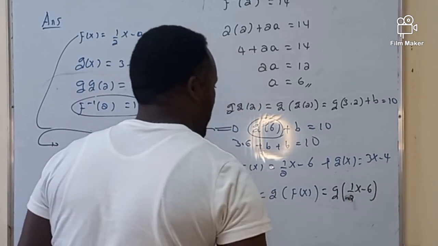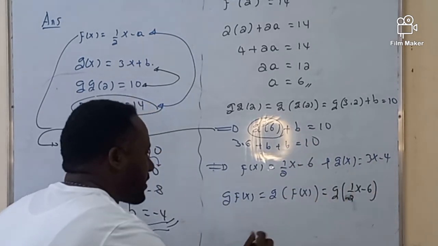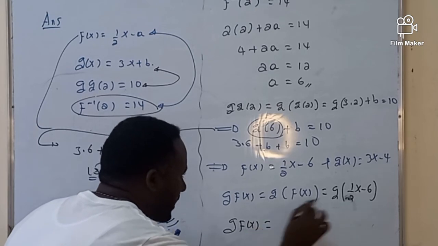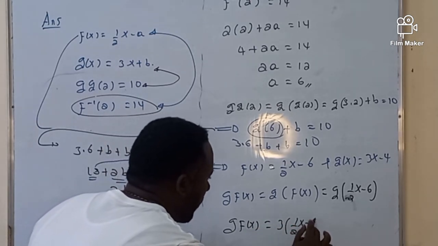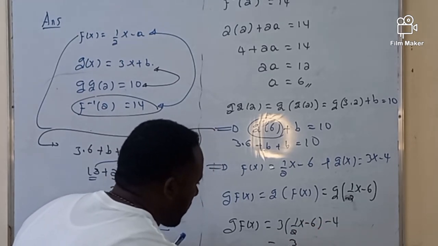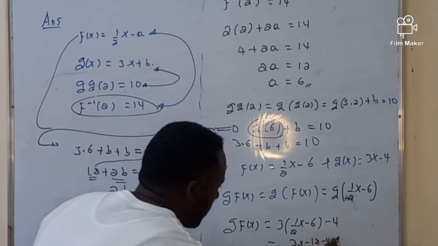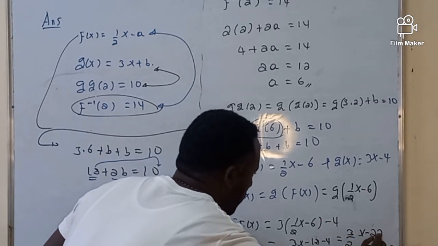Now we have this one. Then we have to plug this value in place of x in the g function. This g of f of x is directly given by 3 times 1 over 2x minus 6, plus minus 4. This is exactly 3 over 2x minus 18 minus 4, which is exactly 3 over 2x minus 22, will be the solution.